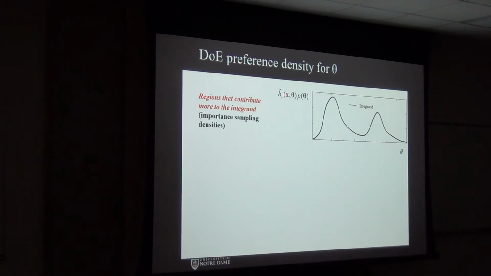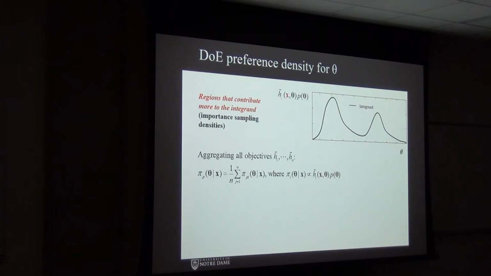If you're familiar with importance sampling, this is exactly your importance sampling density. Because you have two objectives, you can do a mixture of the importance sampling densities that correspond to each of your performance objectives.